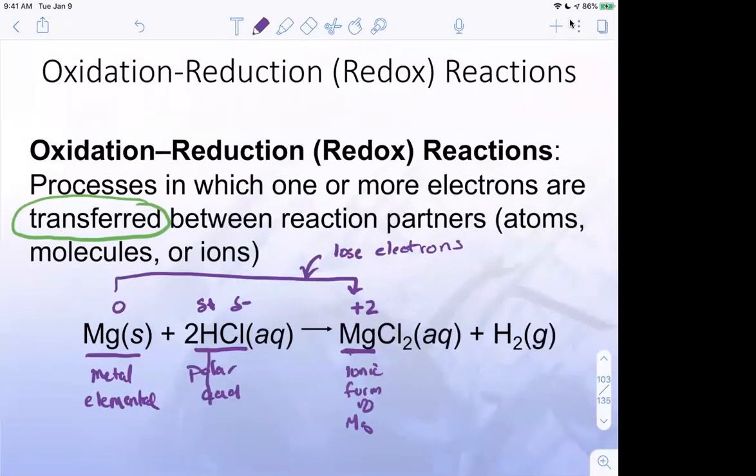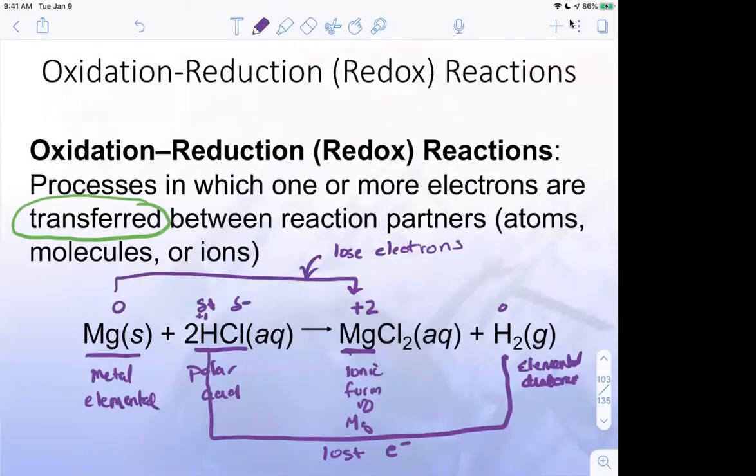This actually went from basically a +1 because of this partial positive, it's a very polar bond. And my hydrogen is the elemental diatomic form of hydrogen. So again, that's neutral. So I went from a +1 to a 0, where I gained an electron, sorry.